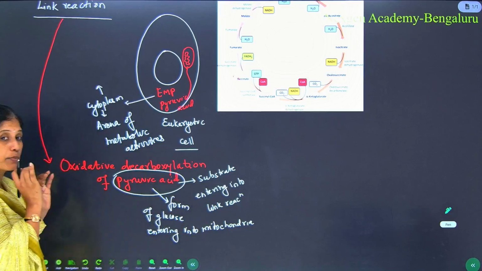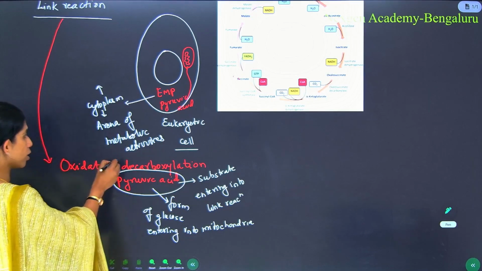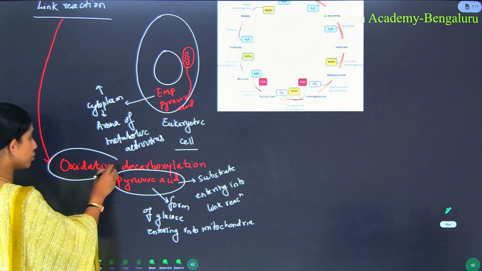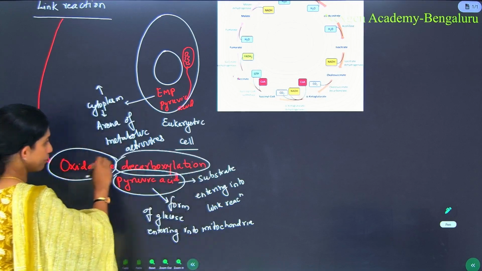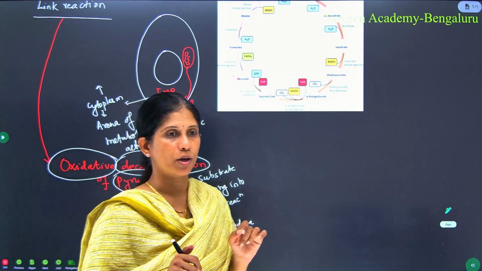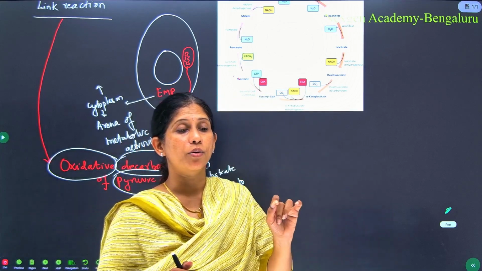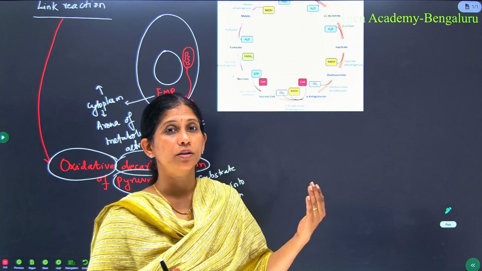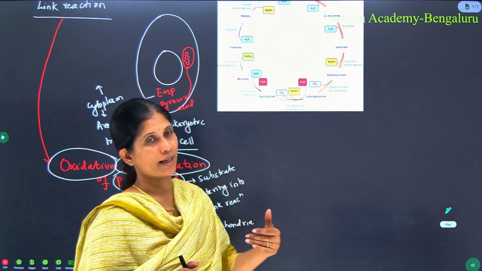Now what is pyruvic acid undergoing after entering into the mitochondria? It undergoes two processes, oxidative decarboxylation, so oxidation and decarboxylation. These are the two processes that will be undergone by this pyruvic acid entering into the mitochondria, right?